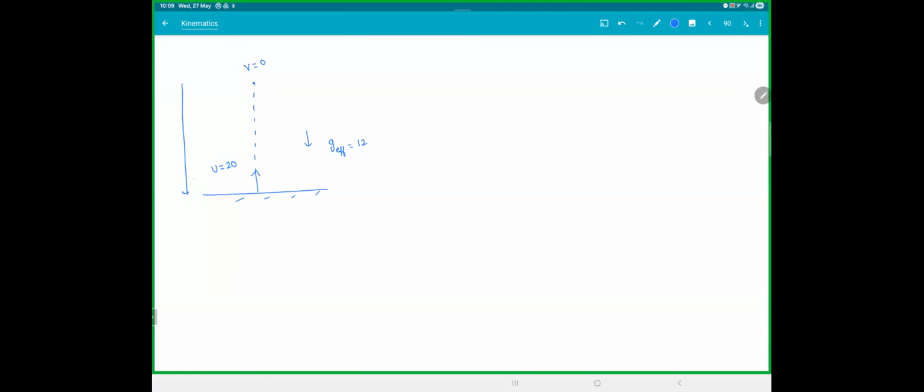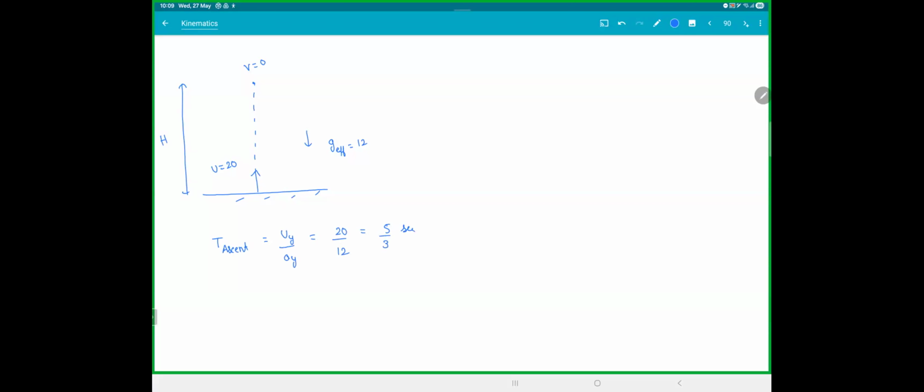Remember, this is your H max. So time of ascent is U vertical by A vertical. U vertical is 20, A vertical is 12. That is 5 by 3 seconds. So there is no problem here.